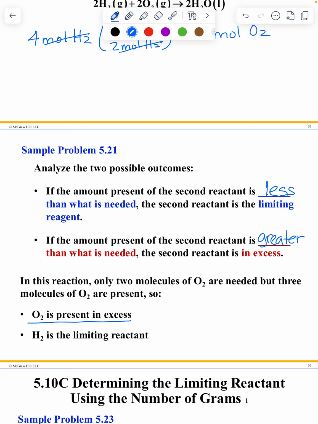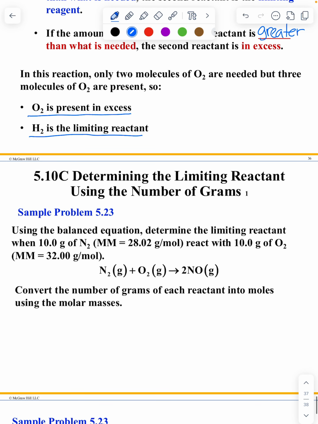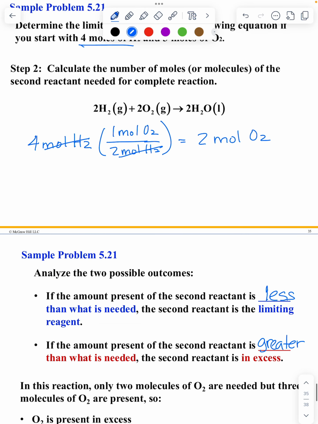Using our conversion factors again to find out exactly how much is going to be needed. If we start with 4 moles of H2 and convert that to O2, we can see that we only need 2 moles when in fact we had 3 moles available to us. We could have just as easily started with 3 moles of O2. This time we would need the conversion factor that has O2 on the bottom, H2 on top.